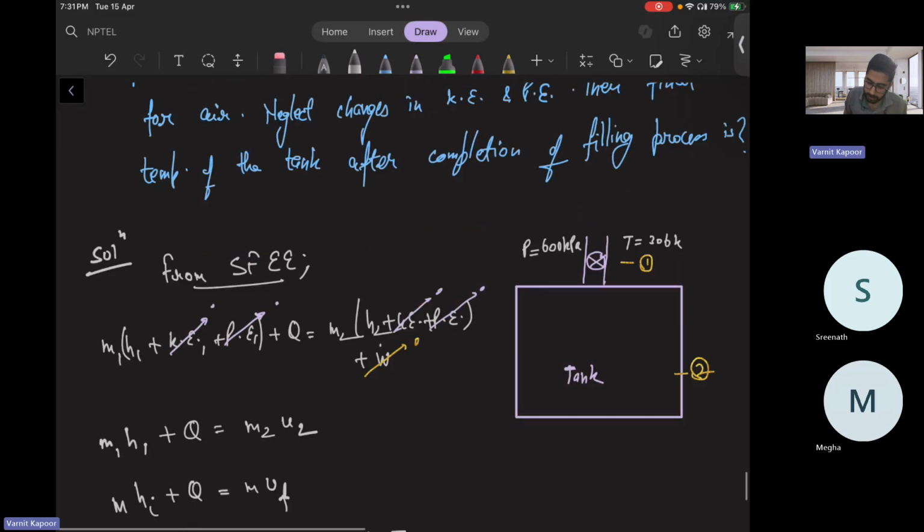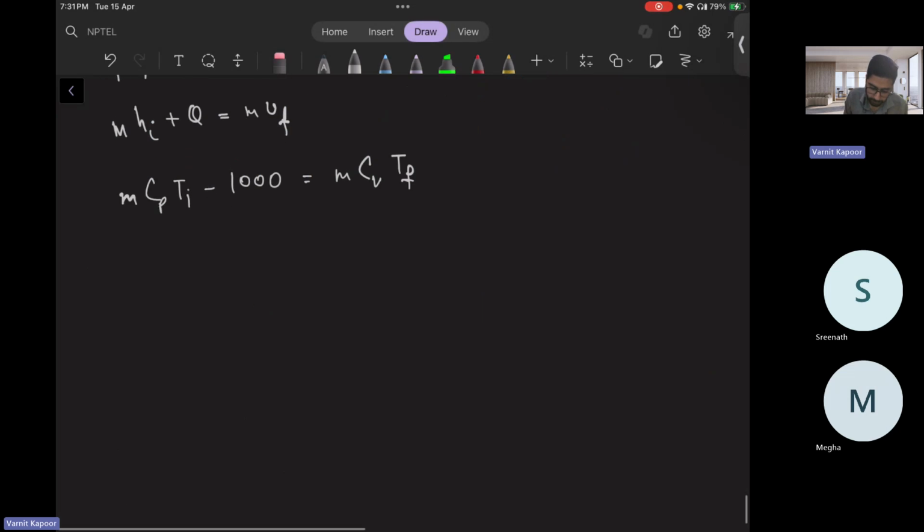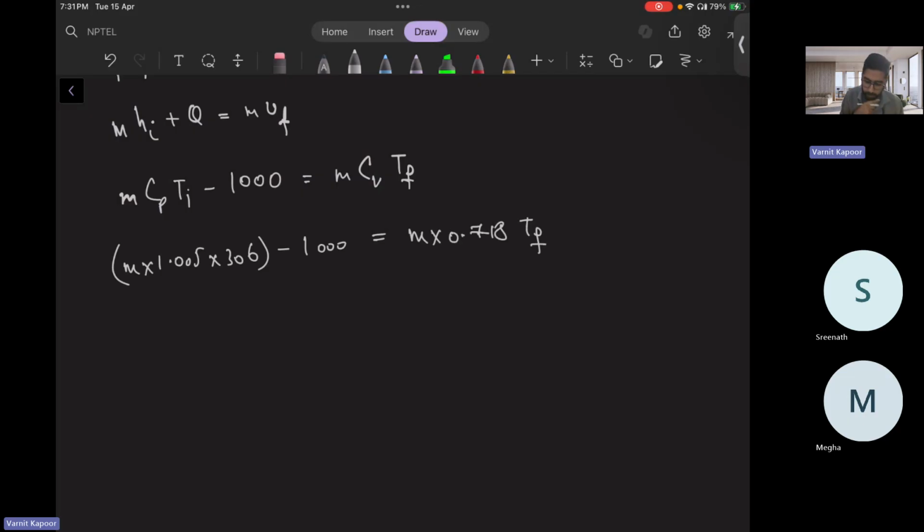Initial temperature is given, 306 Kelvin. M you don't know. M into 1.005 into 306 minus 1000 is equal to M into 0.718 T final, which you don't know.